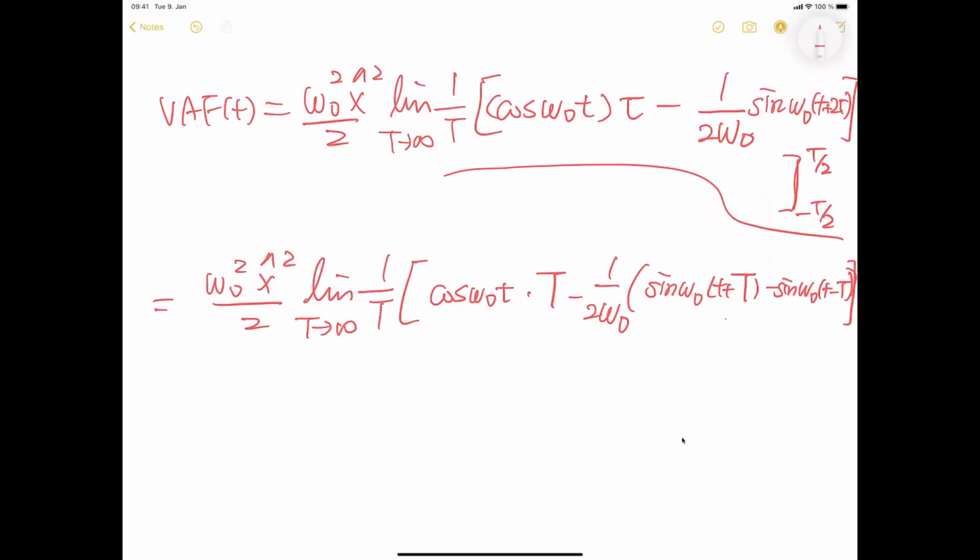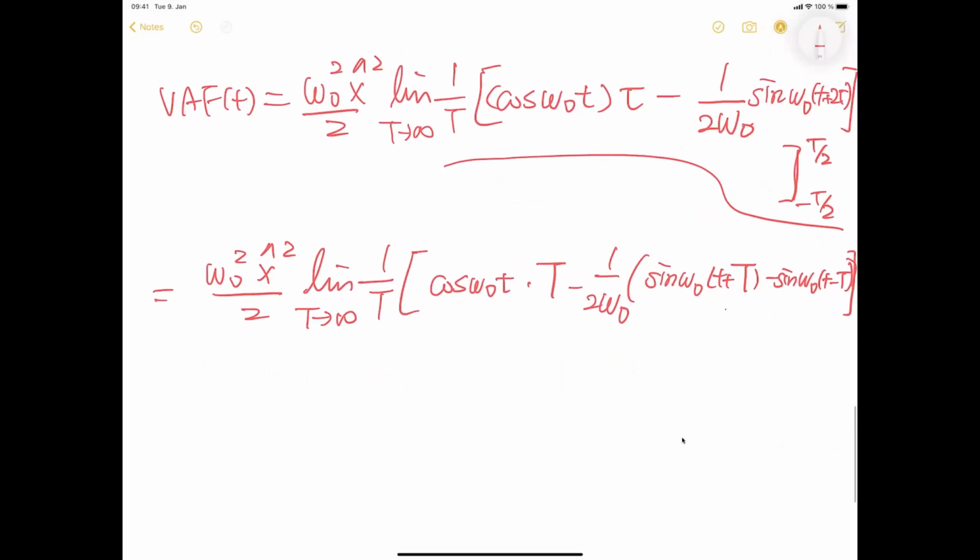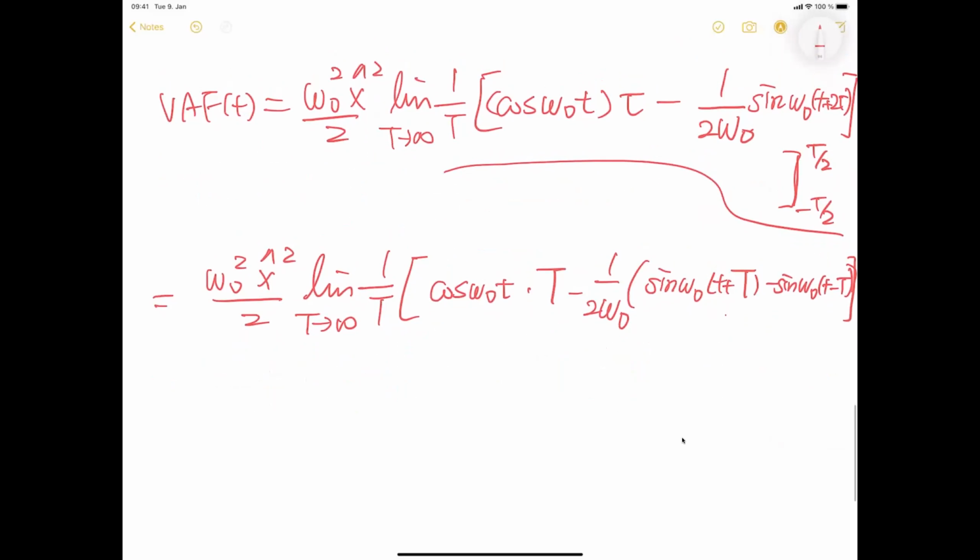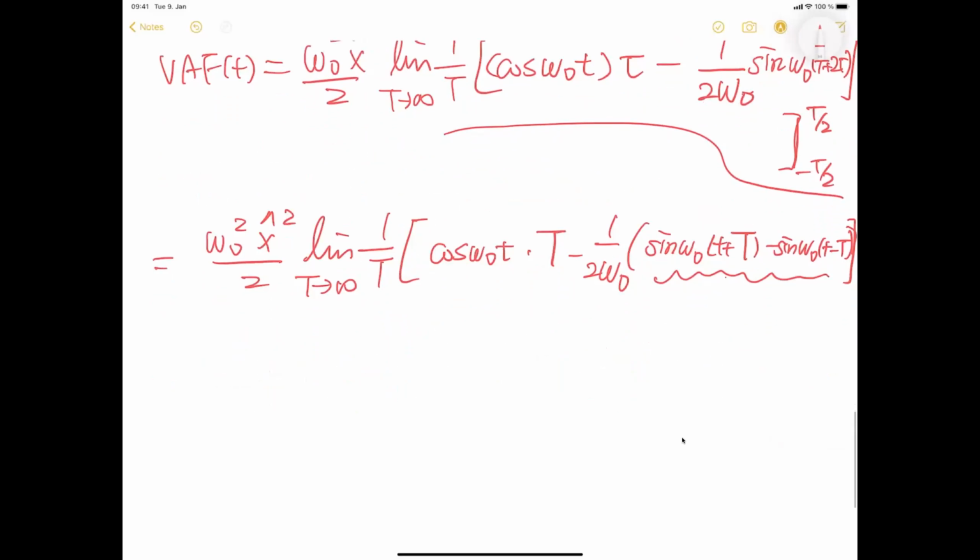Right? And okay, so actually we need to combine this. We need to use another trick here again because sine, let's change the color.